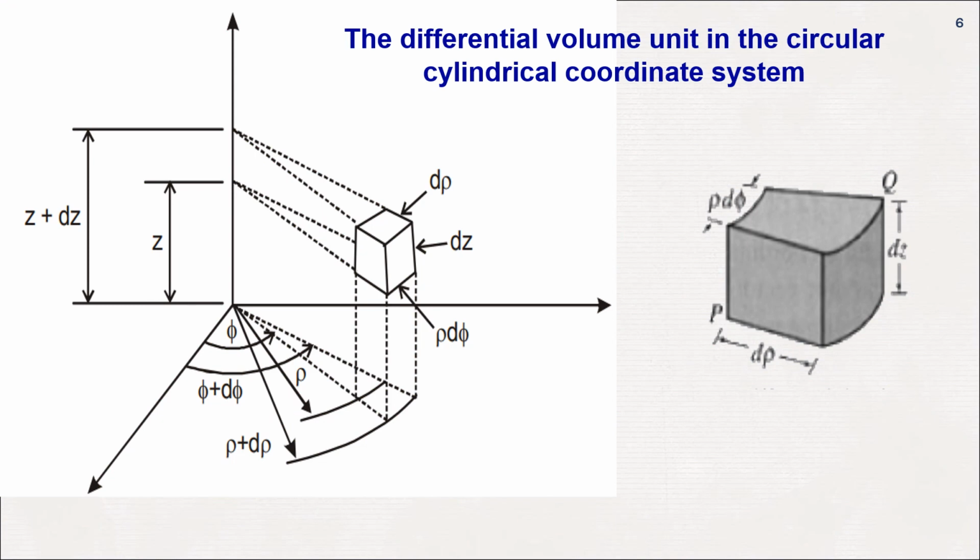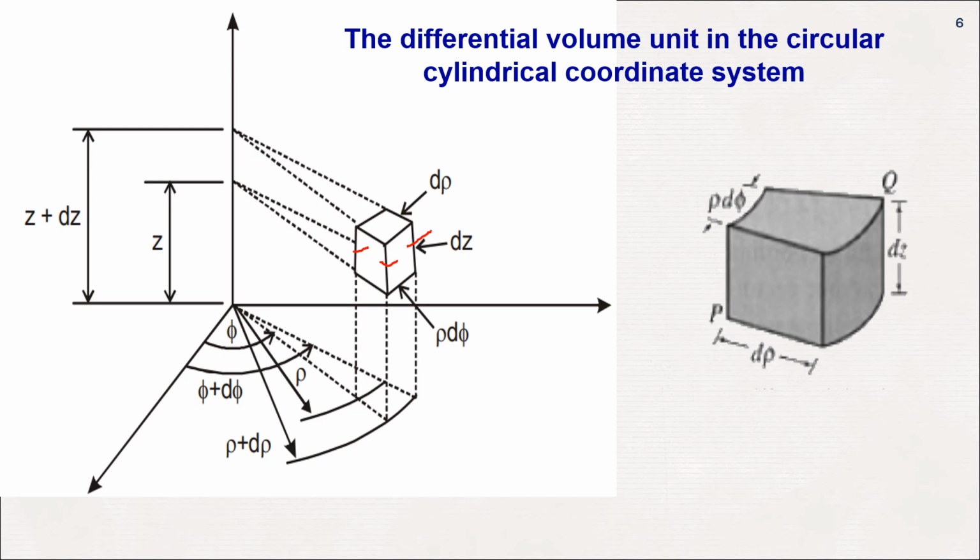Let us now look into how a differential element will look in the cylindrical coordinate system. See here, for easily understanding, initially z is the height where one of the planes is there, and I am including a distance dz. dz is a differential element, a differential length. Now initially the vertical plane is placed at an angle phi, this line, and I am giving a small increase d phi.